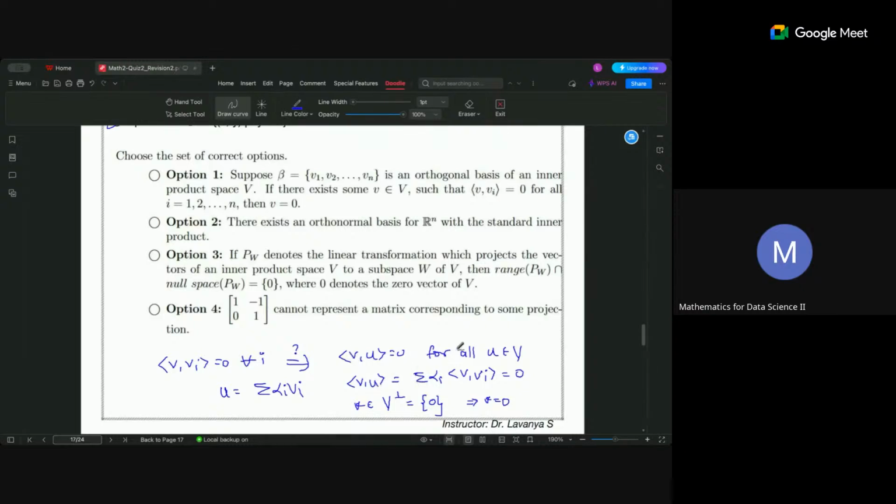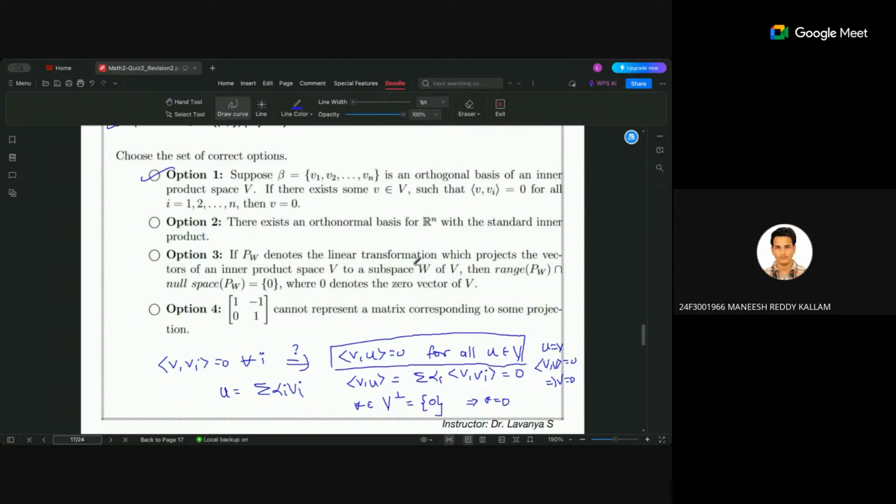Inner product V comma U is 0 for all U in V. Correct? Do you see this statement? So in particular it is true for U equal to V as well. Then V is itself 0. This means V is 0. Okay, ma'am. Now I'm getting it. Yes, you can see this in multiple ways. Clear?